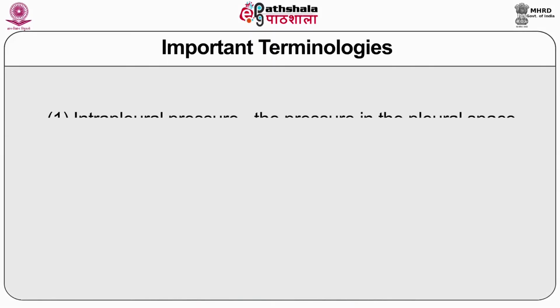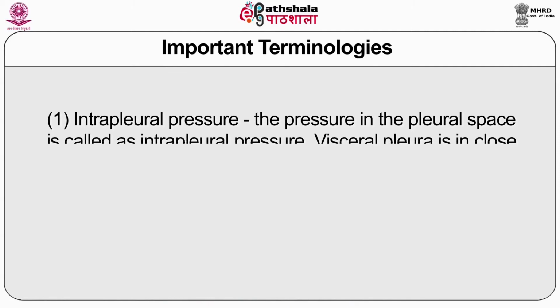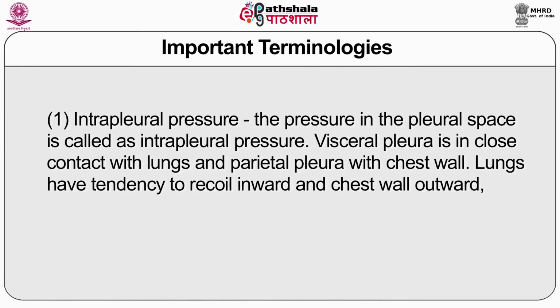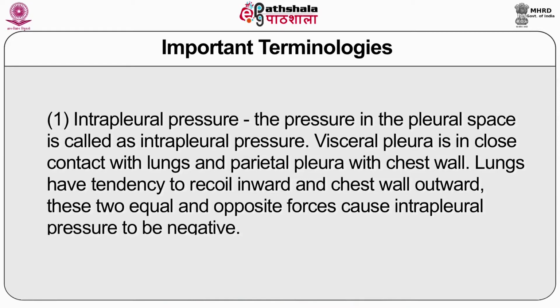First one is intrapleural pressure. The pressure in the pleural space is called intrapleural pressure. Visceral pleura is in close contact with the lungs and parietal pleura with the chest wall. Lungs have a tendency to recoil inward and the chest wall has a tendency to recoil outward.